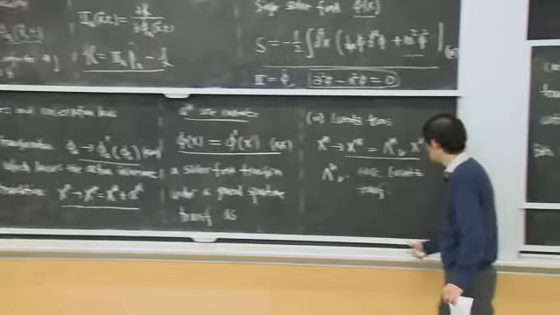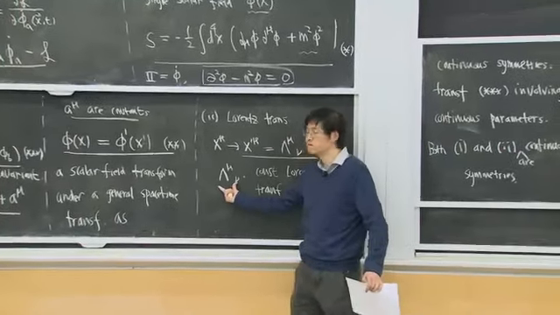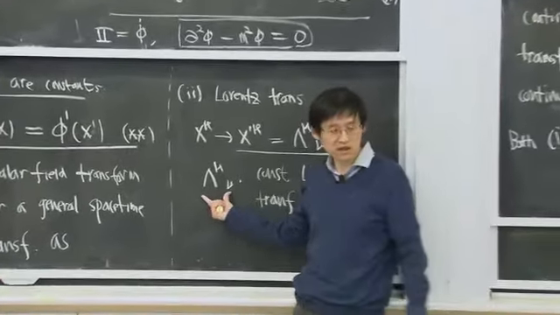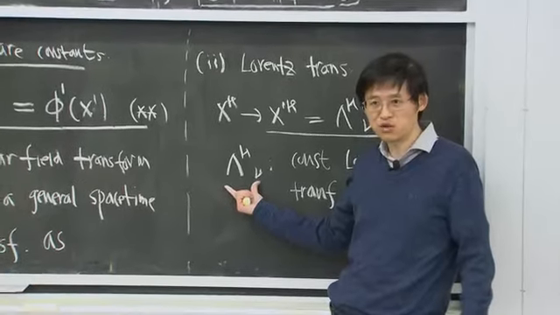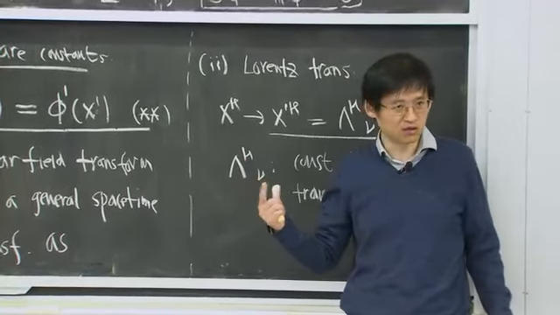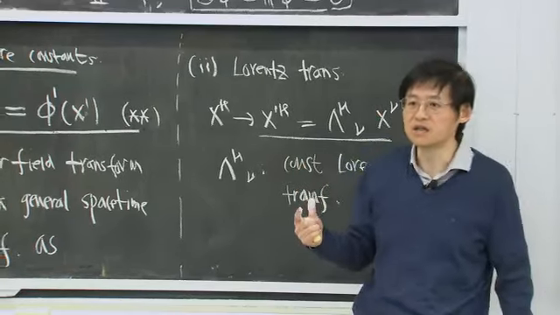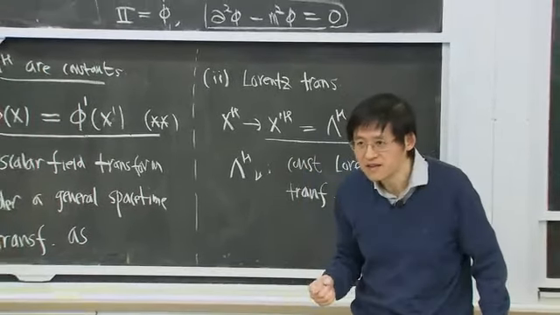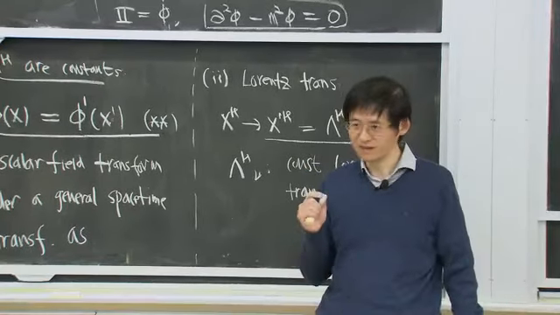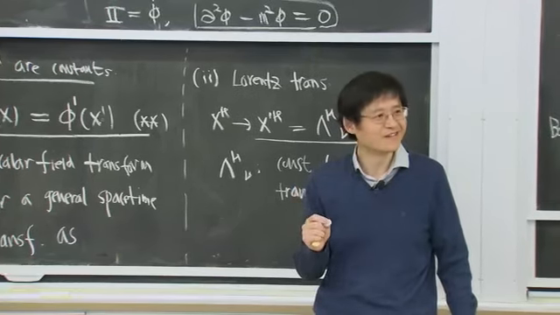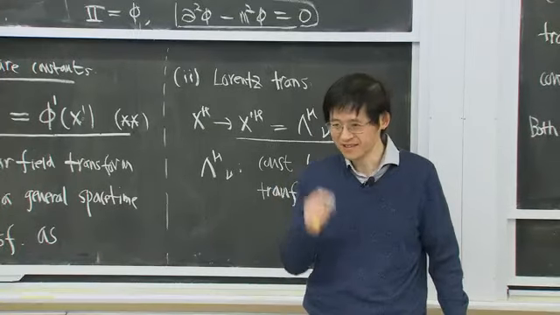And similarly, the Lorentz transformation contains continuous parameters. Do you remember how many continuous parameters the Lorentz transformation contains in 4 dimensions? Yes, 6.